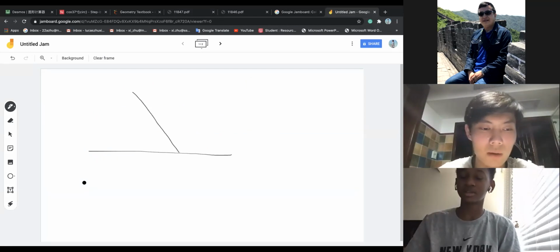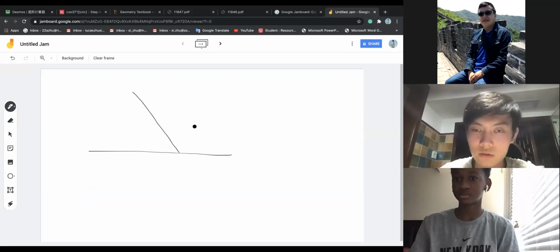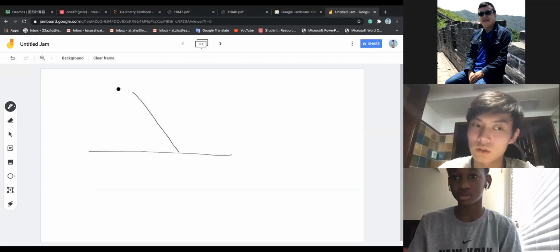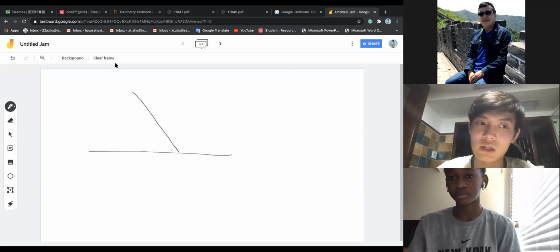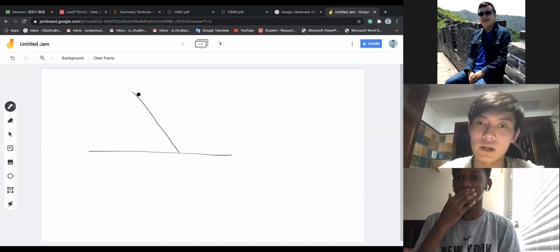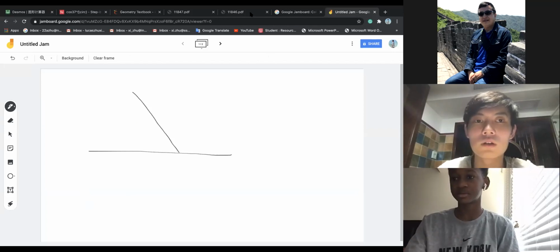So here, option one, is that an adjacent angle? Yeah, right? They're adjacent. So what do they share? They share the same side. Just one same side, right? That's how it works.